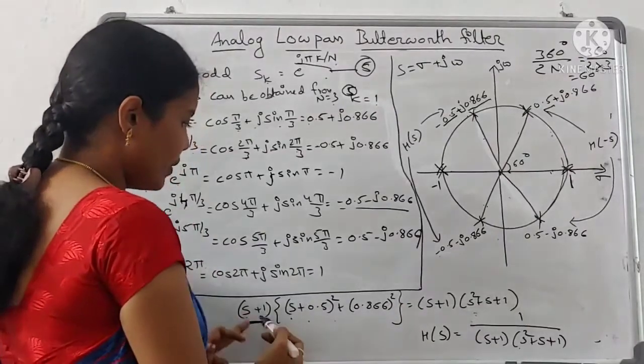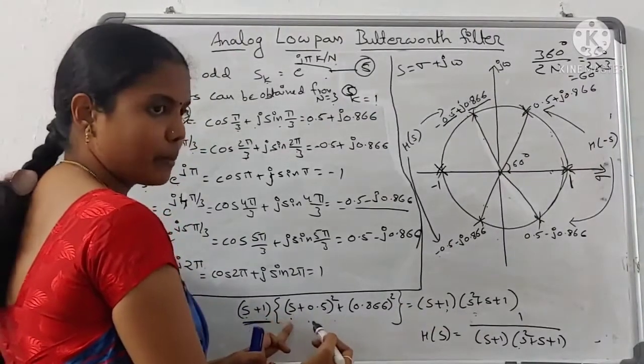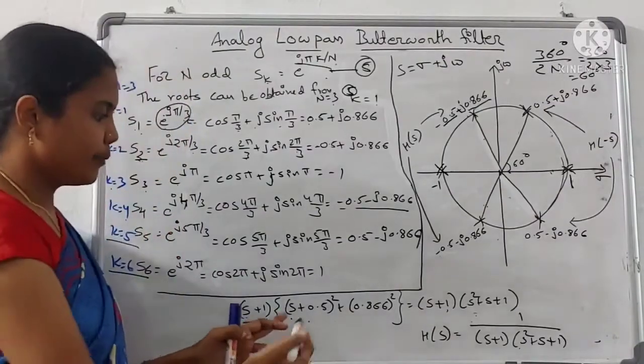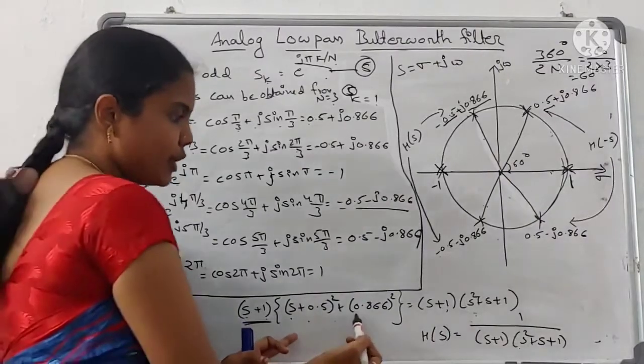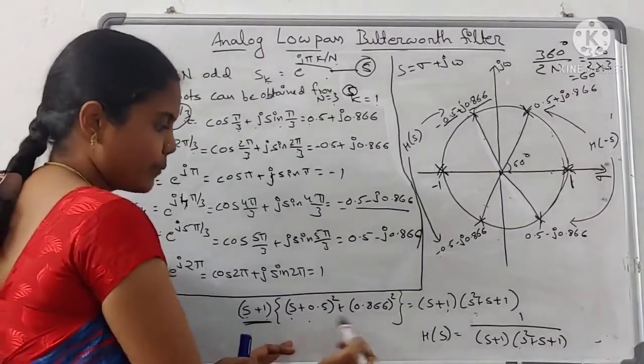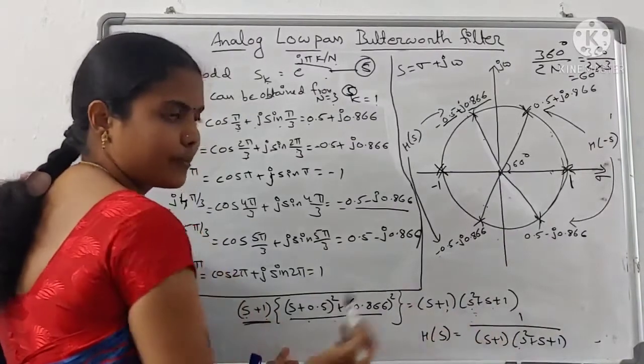Okay, so you are getting s plus 1. It is in the form of s square plus a plus b whole square, so s plus 0.5 whole square plus 0.86 whole square. If you do this, you are getting s square plus s plus 1.